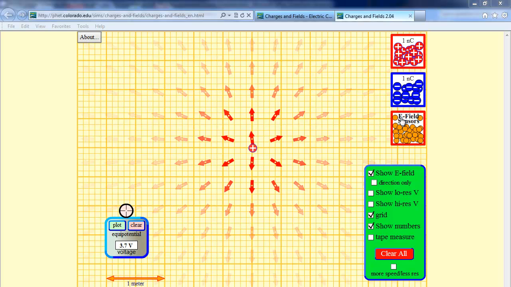So grab an E field sensor and put it 0.5 meters away. Remember, each grid line is 0.5, so that's 0.5. And immediately it tells me at this point the field is 33.6 volts per meter, and that's the direction, 178.4 degrees.